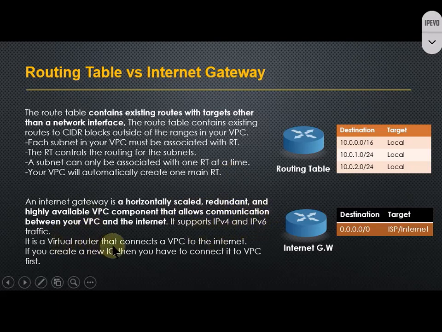It is a virtual router, so this is not something like a physical router. It is a virtual router that connects a VPC to the internet. If you create a new internet gateway, you have to connect it to your VPC first. When we create a VPC in our lab, I will show you that I must attach the internet gateway to the VPC, otherwise my internet gateway will not work. And I will do this lab as well.